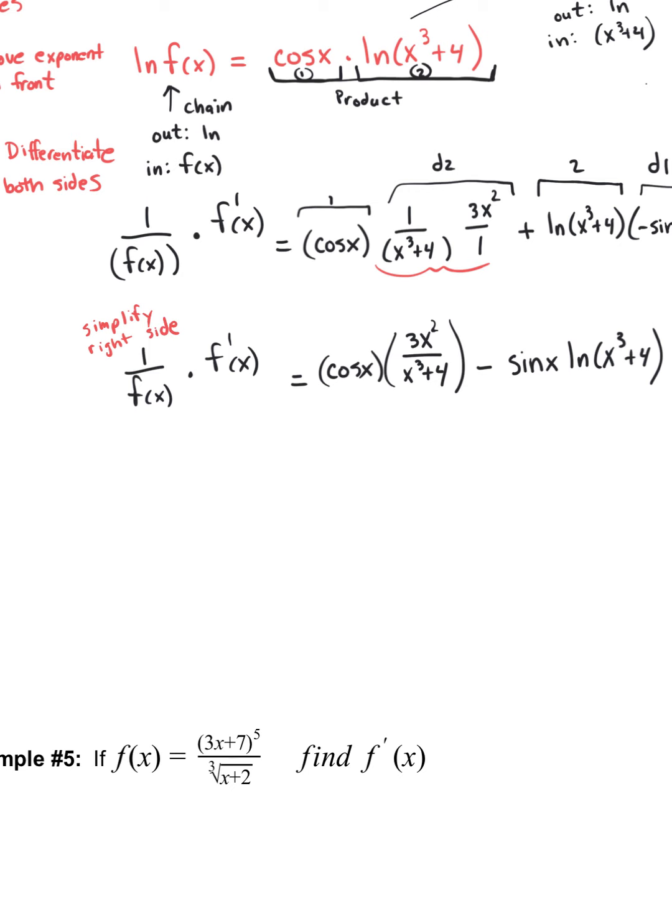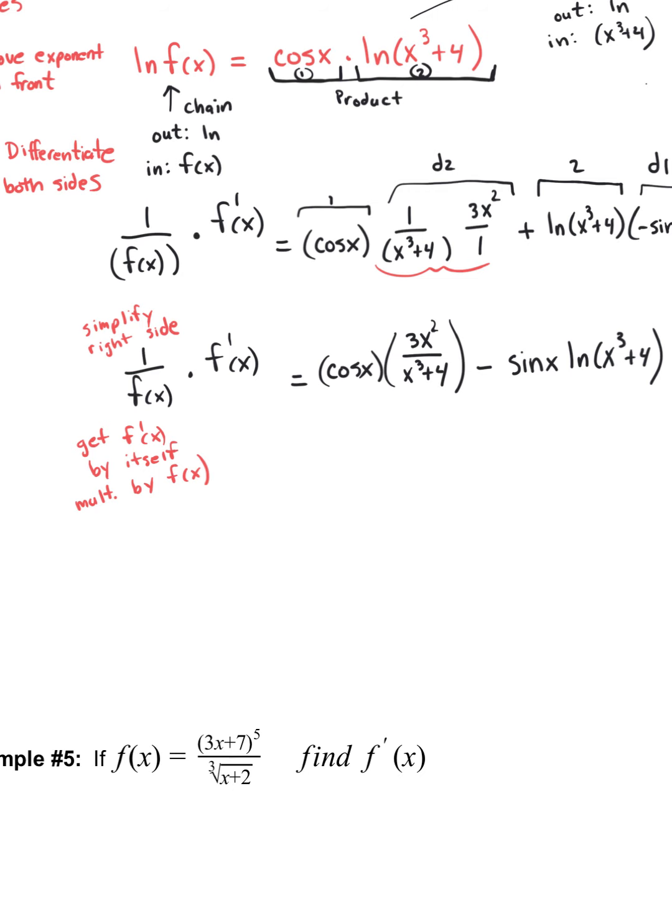Okay, now our next step in logarithmic differentiation is to get y prime, or excuse me, get f prime of x in this case by itself. So we're going to multiply each side by f of x. If I multiply this by f of x, the f of x's are going to cancel.